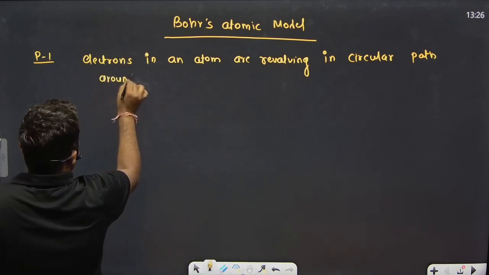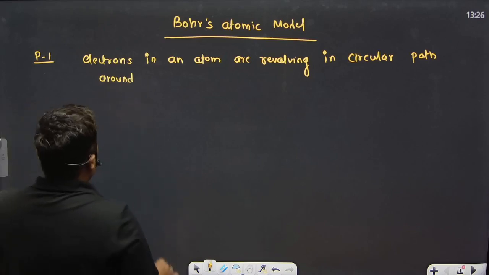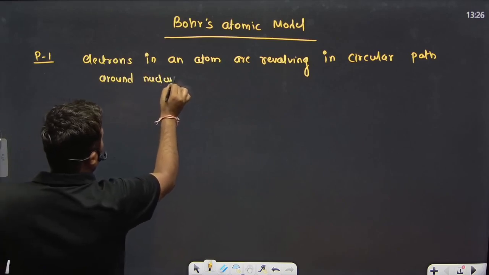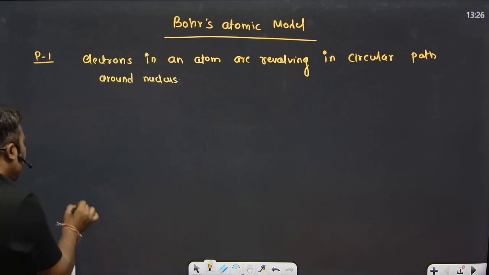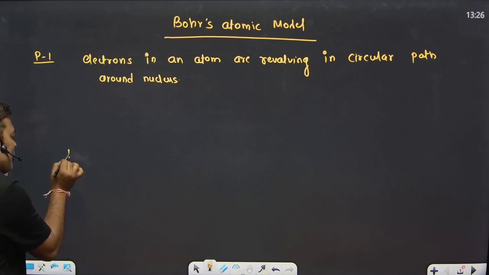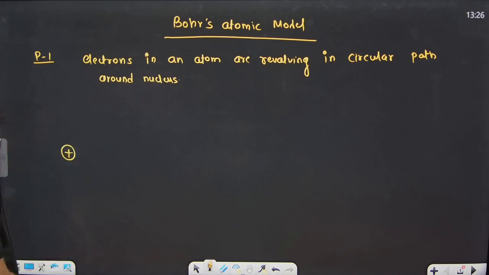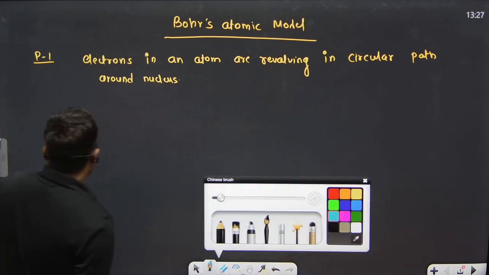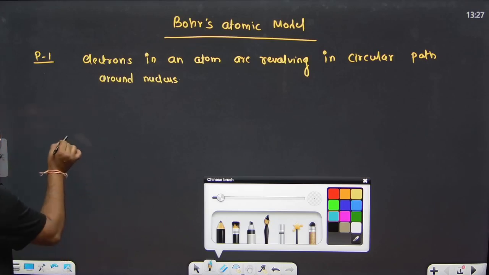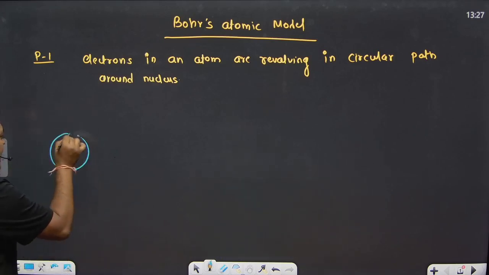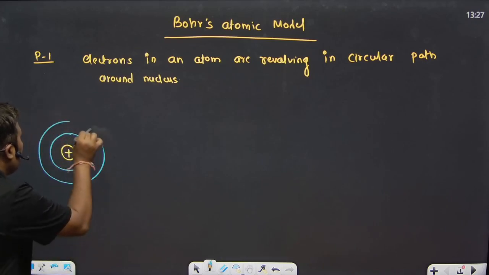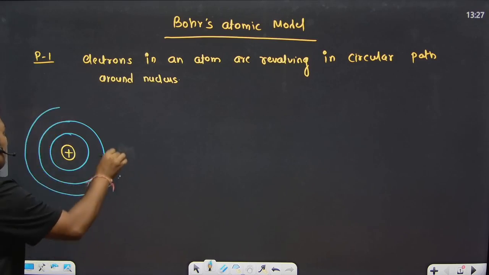What happens when an electron is revolving in a circular path around the nucleus? Here we have the nucleus of the atom. This yellow one is the nucleus, and around it we have certain circular paths. Like this I make the first circular path, then the second, then the third, and so on.